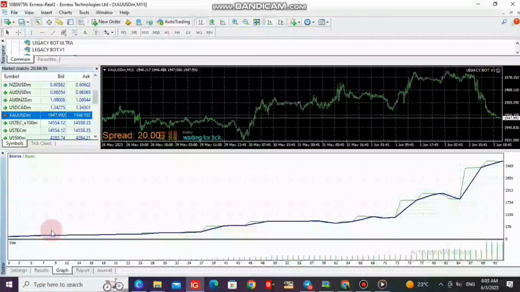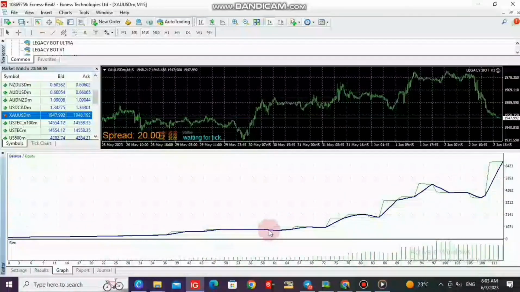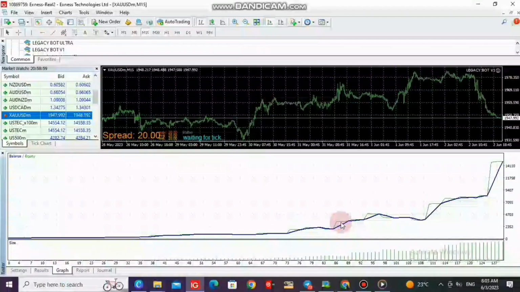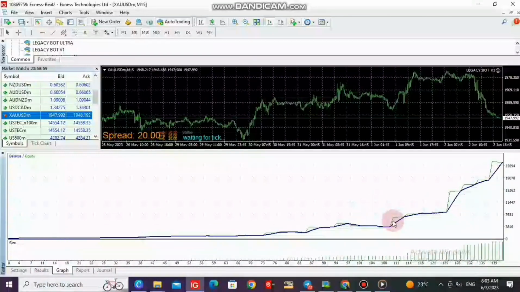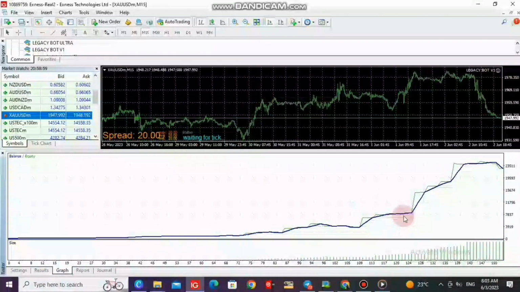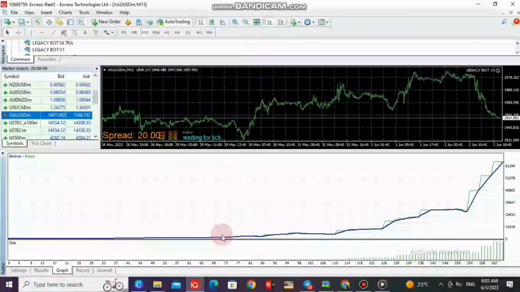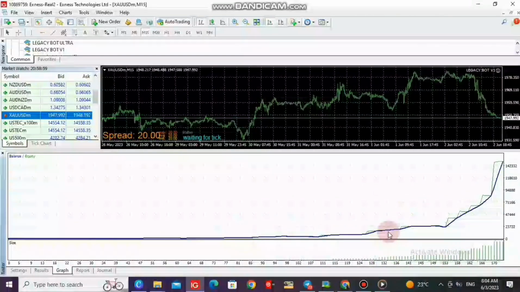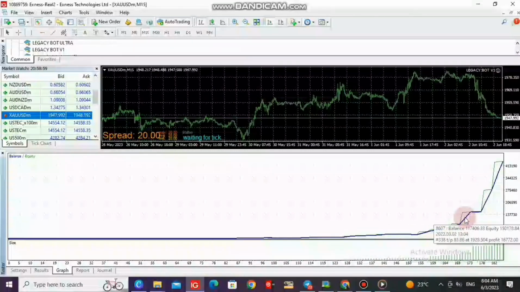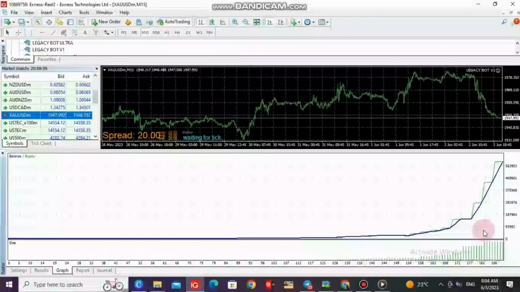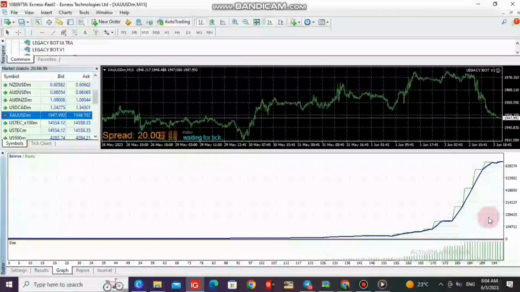As you can see, the robot is building up the account based on previous data collected from the market that is available on MT4. You can see how that curve is going. The bot is building up that account real quick. So let me keep quiet and let it build that account, and I'll be back to explain further.